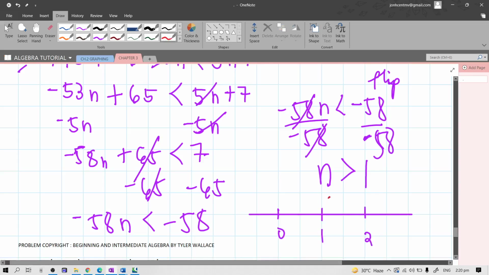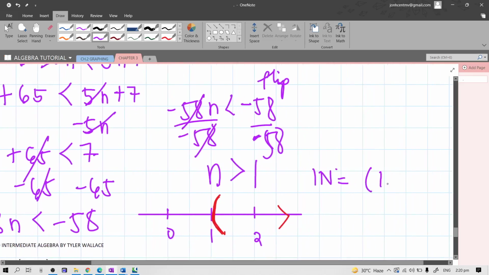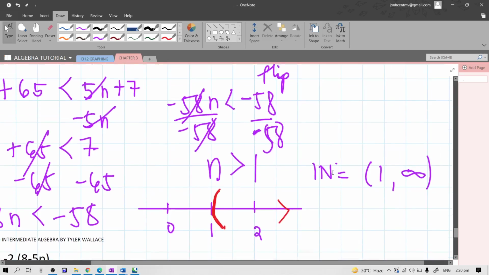So, yan. So, our interval notation here is 1, positive infinity. Okay?